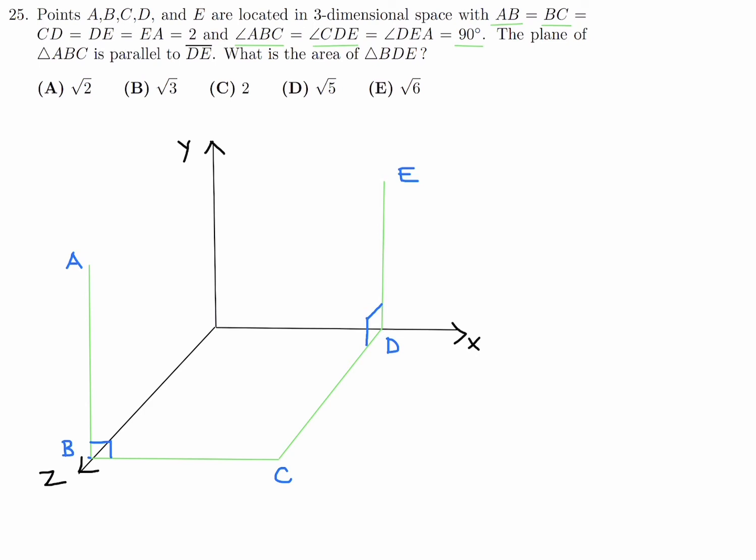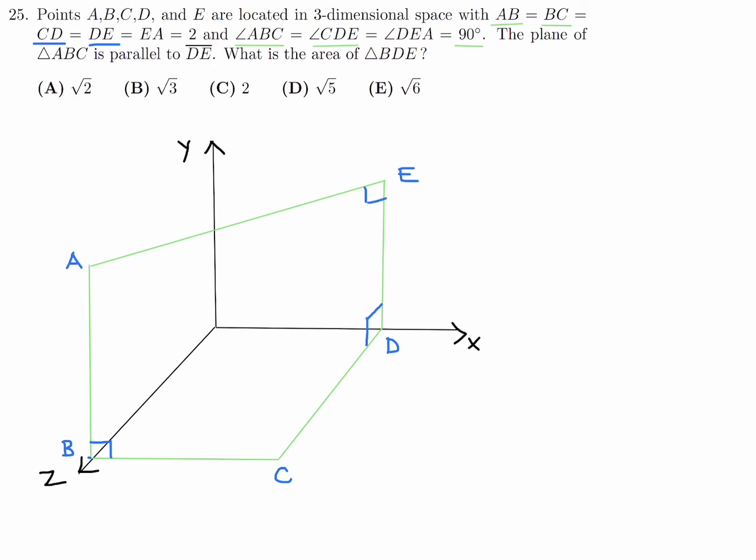Let's keep going here. I've drawn so far CD. Okay, I only have one left. EA. Well, EA is obviously right here, the connection between these two guys. All right. And they tell me that that angle DEA is also 90 degrees. So DEA is 90.